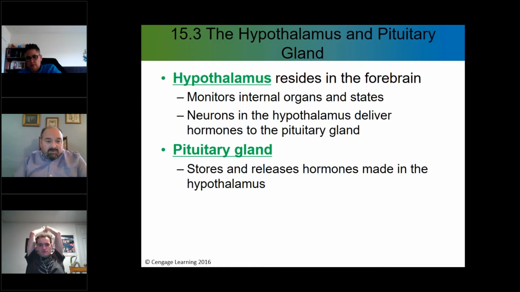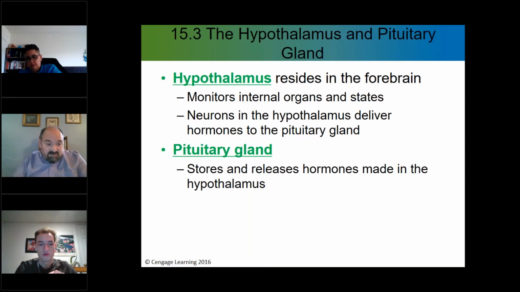The posterior pituitary has neurological tissue present, and it is receiving hormones. It's not producing hormones, it's receiving hormones from the hypothalamus and then sending them out into the body when needed.